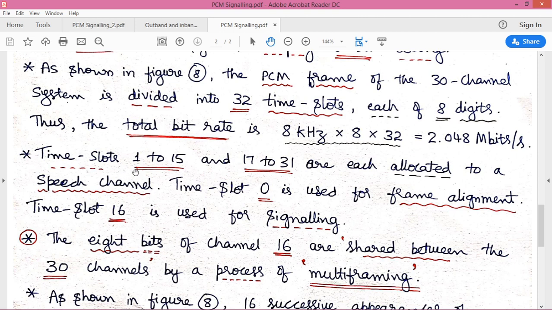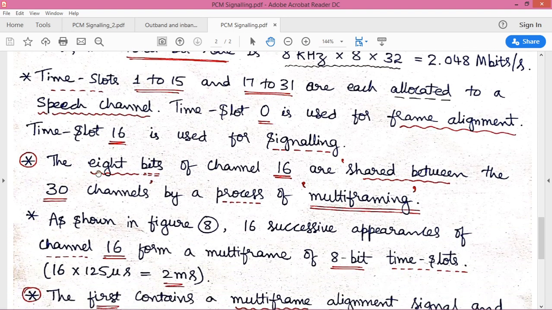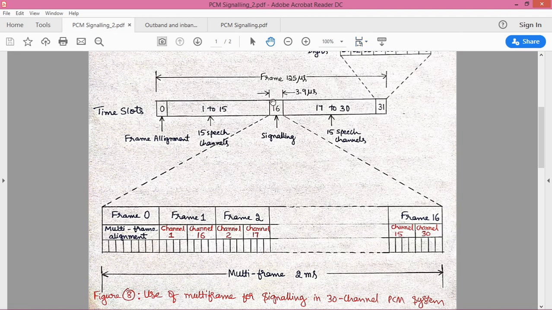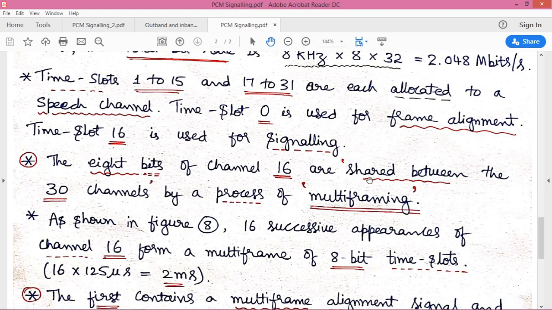As I said, time slots 1 to 15 and 17 to 31 are used for transferring speech signals. Similarly, time slot 0 is for frame alignment and time slot 16 for signaling. The 8 bits of channel 16, whatever the 8 bits that are stored inside our channel 16, that is, if I am saying channel 16, it is understood as time slot 16, are shared between all 30 different channels by a process of multiframing.